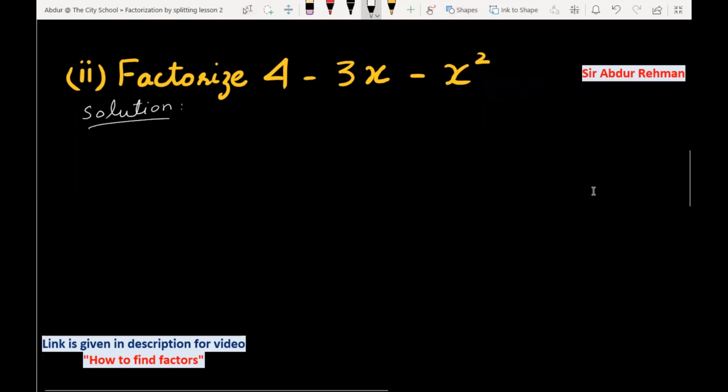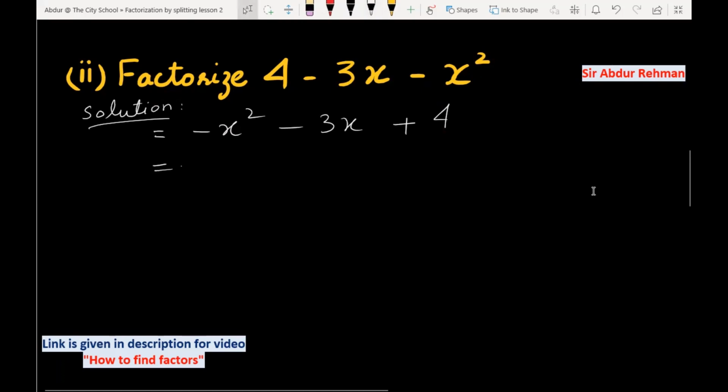First step is you have to arrange this quadratic expression as minus x square, the first term, minus 3x and plus 4, in descending power of x. The next step is you have to take minus common from this expression to convert the first term to positive.